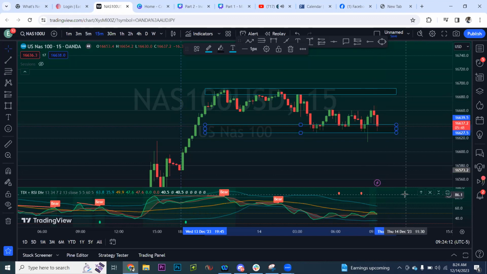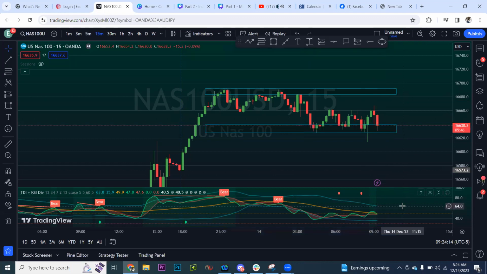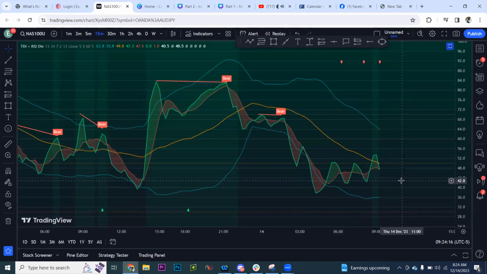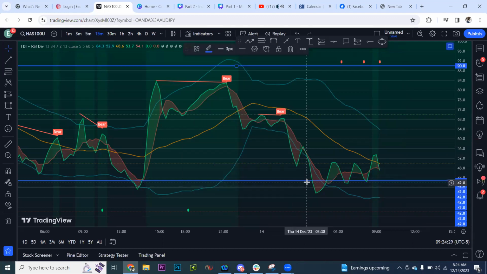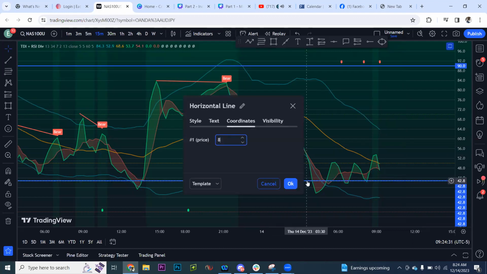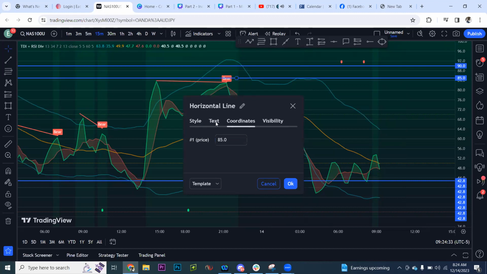But then since you have a TDI on your phone and you have it on TradingView, you can take the time to mark your levels on here. 1, 2, 3, 4, 5, 6, 7, 8, 10. So that way you know where you are inside the move at all times. Just mark them on your chart. Go to text.